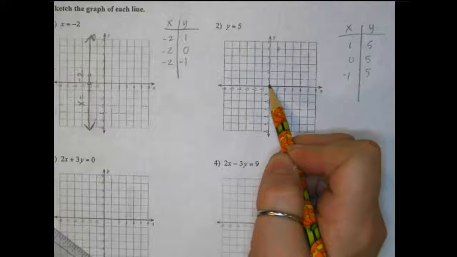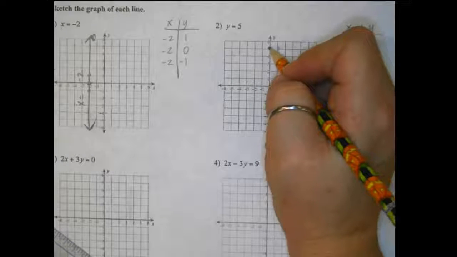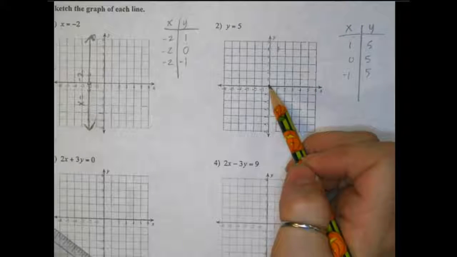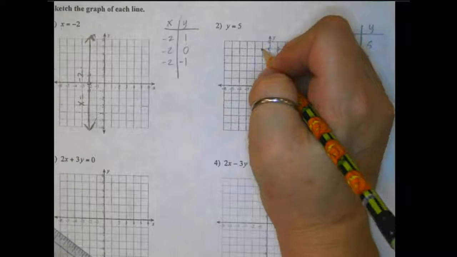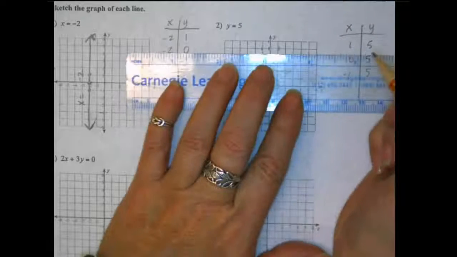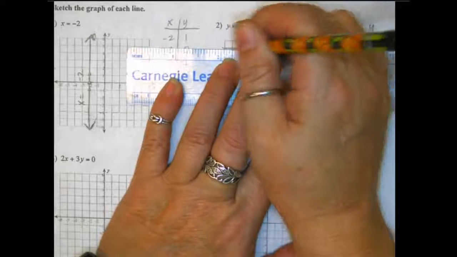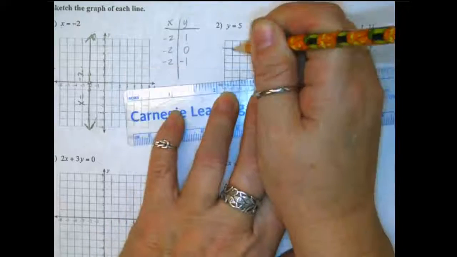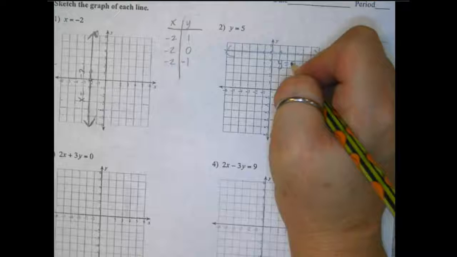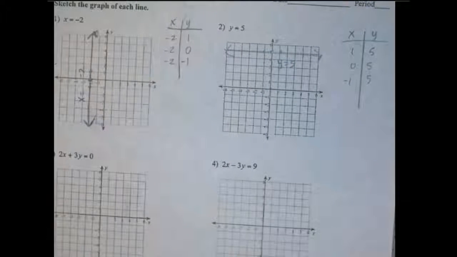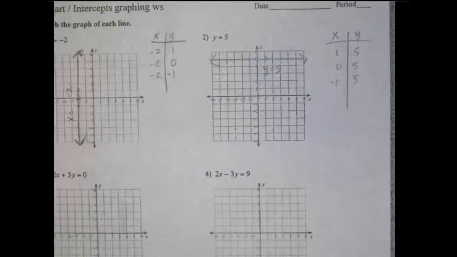I don't move left or right, but I go up to 5. From my point of origin, my x is -1, so I go left 1 and I go up to 5, which gives me a line that goes across the top on 5, end to end, and then it's labeled y equals 5.